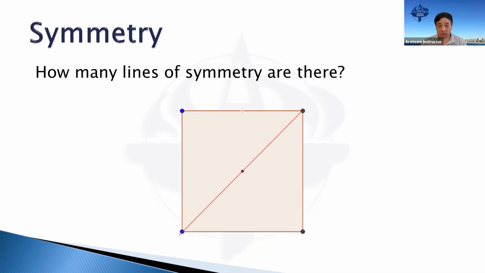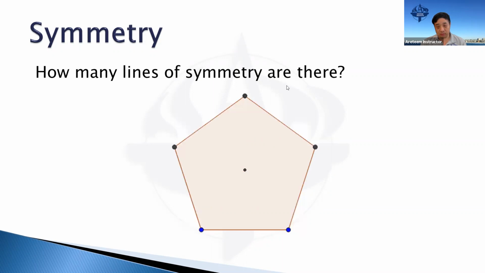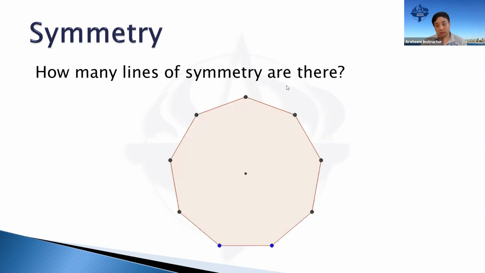But you can connect the midpoints of opposite sides, and that's another one. So at the end, the number of lines of symmetry is the same as the number of vertices.